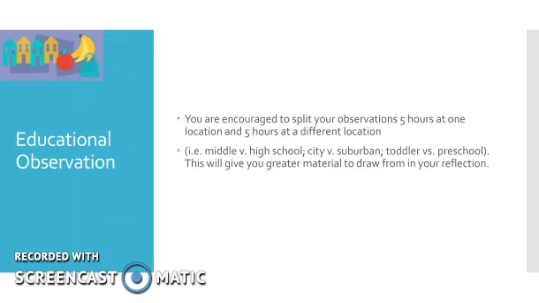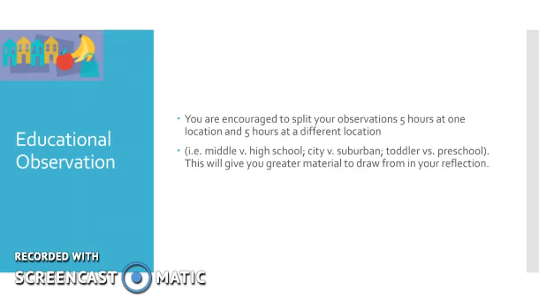With your observations, you are encouraged to split your observations if possible: 5 hours at one location and 5 hours at a different location. Maybe checking out middle versus high school, city versus suburban or rural, a toddler versus preschool.